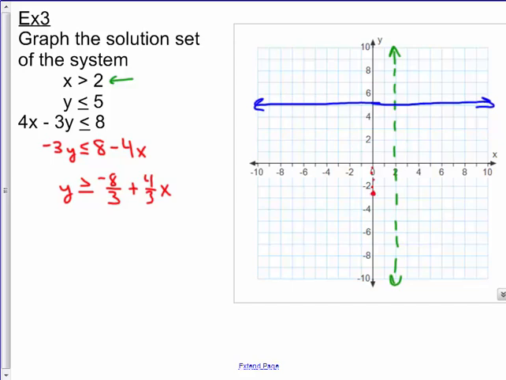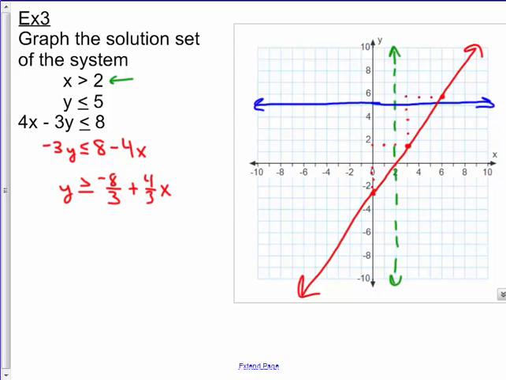And from that point, I'm going to go up 4 over 3. Up 4 over 3. It's going to be a solid line because it is or equal to.